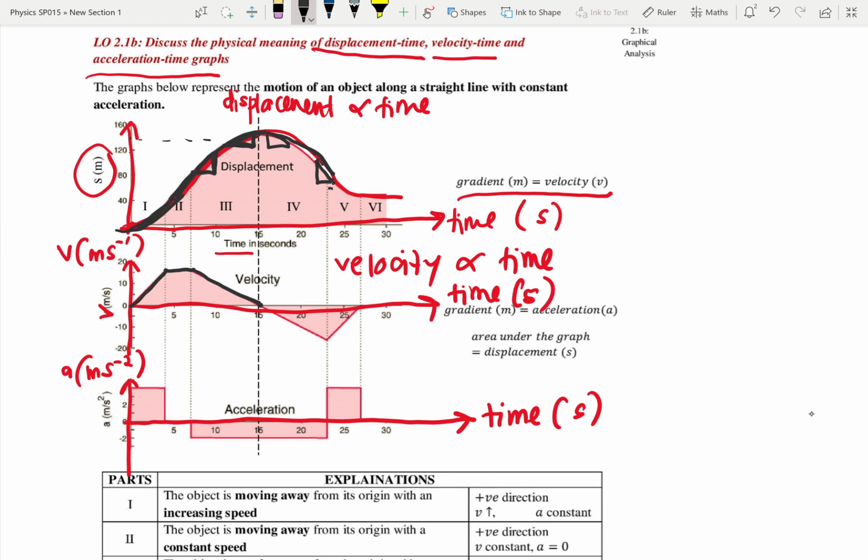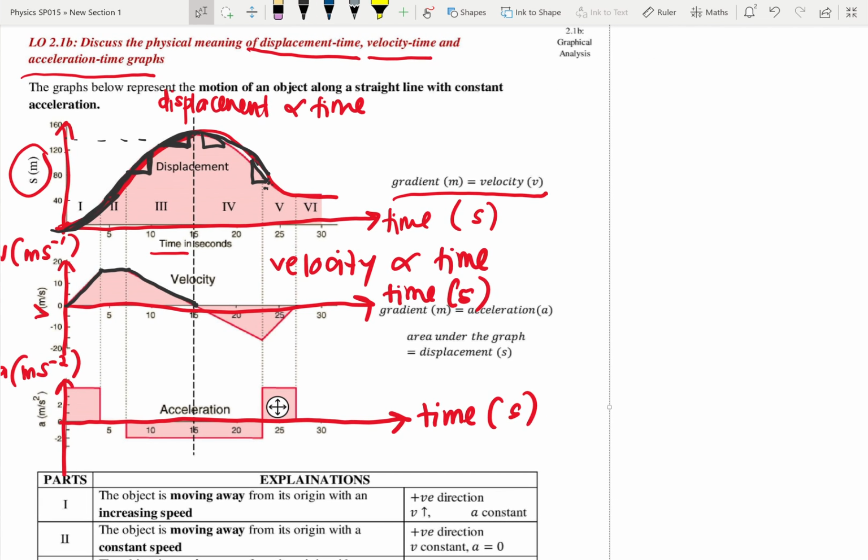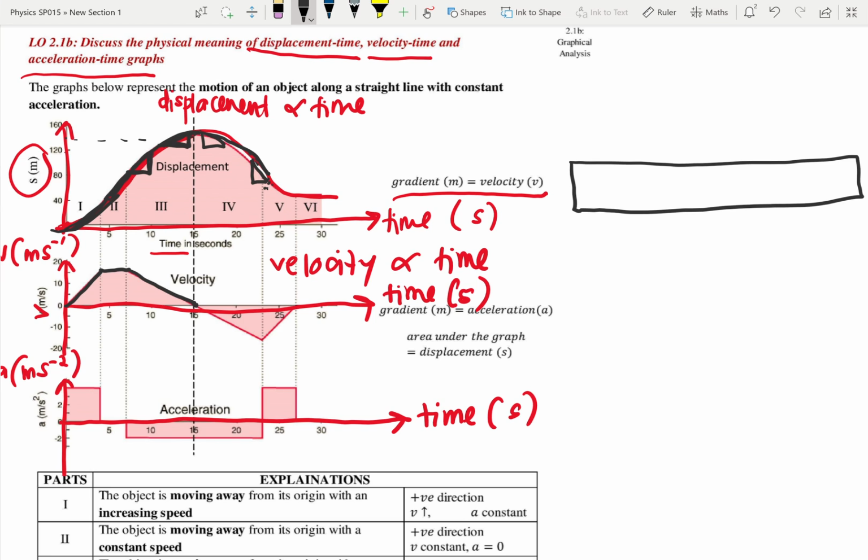Maybe I can illustrate the motion on a meter rule like this. This is the meter rule. This is displacement 0, and then 1, 2, 3, 4, whatever number here increases, right? Maybe 160 like that. So 160 meter here.